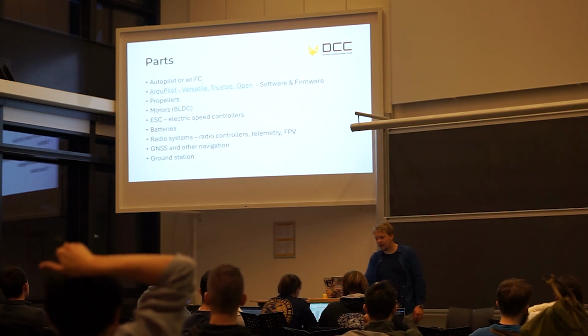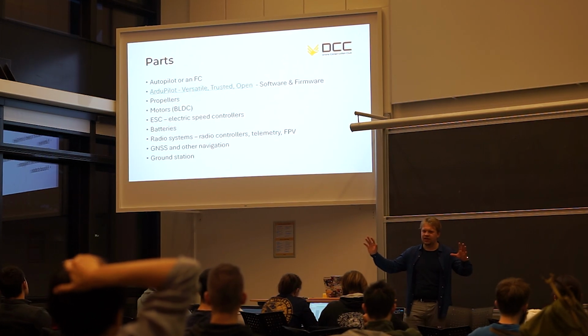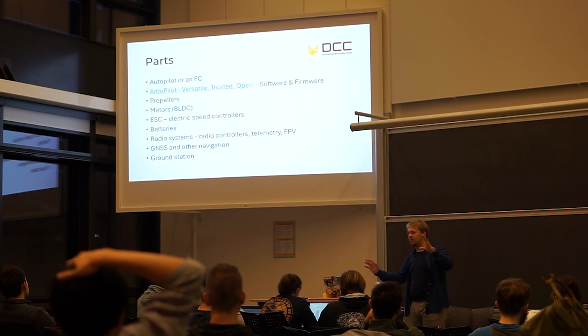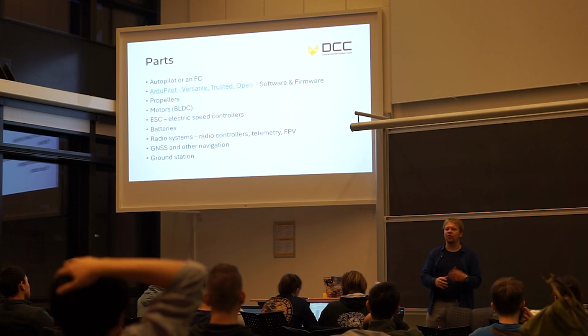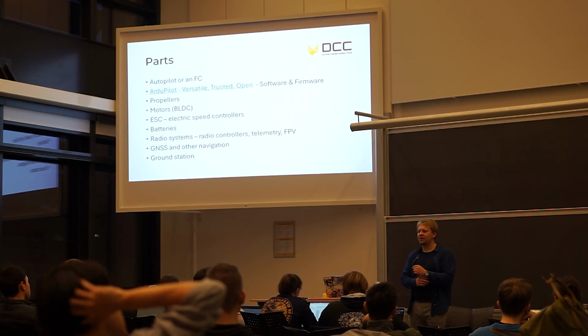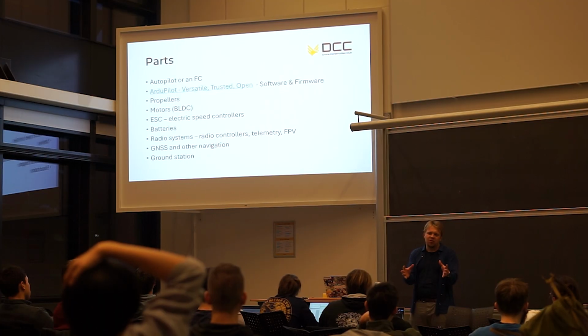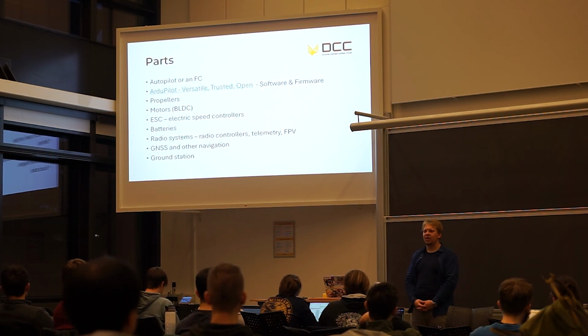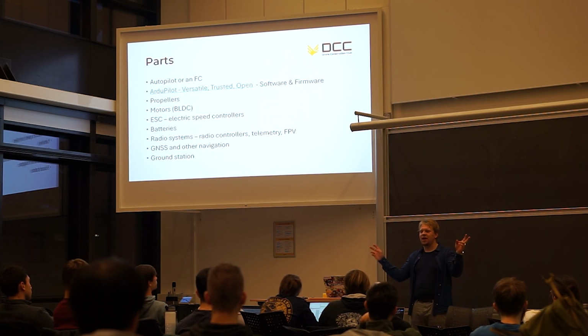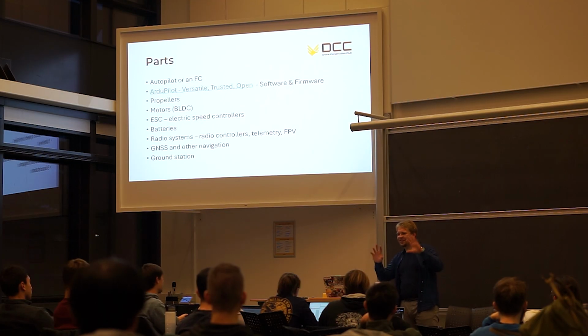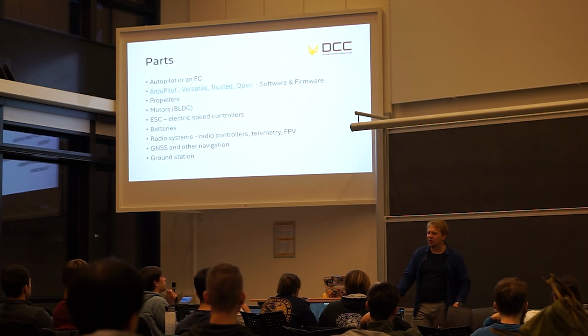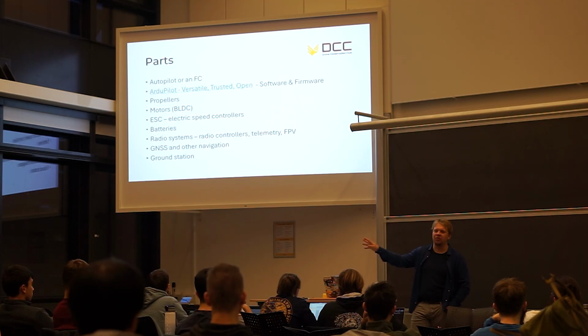But for the parts of the system itself, there's going to be an autopilot or an FC. An autopilot is mostly a term for enterprise drones. If it's fully autonomous and stuff like that, then you call it the autopilot.